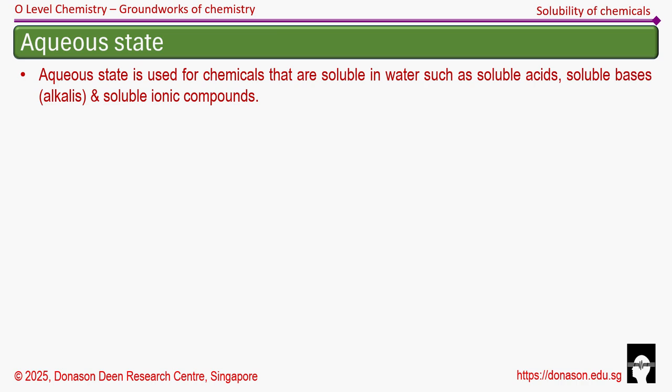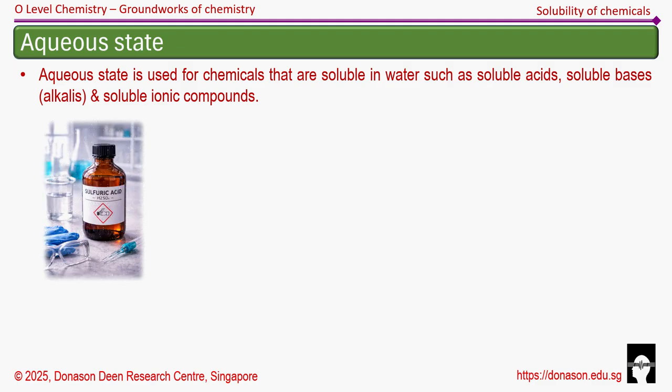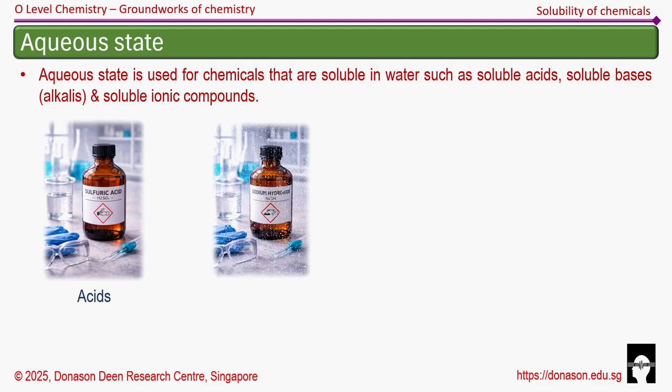These include soluble acids, soluble bases, which are also known as alkalis, as well as soluble ionic compounds. Aqueous comes from the word aqua, which means water. These compounds can dissolve in water and hence are called aqueous.